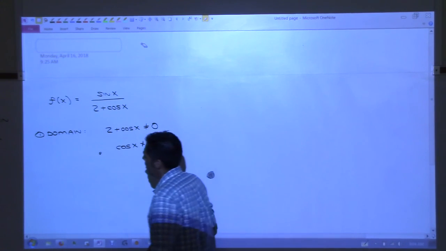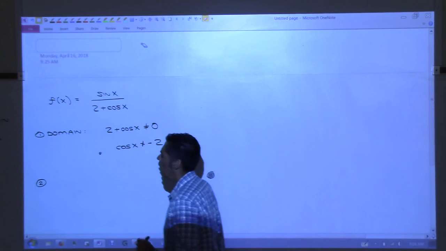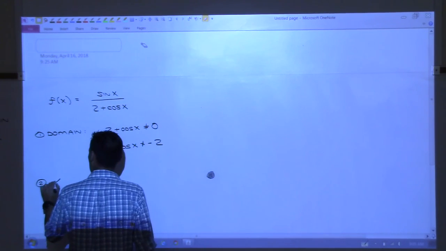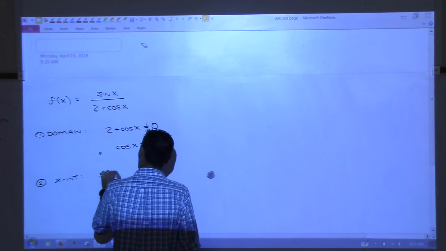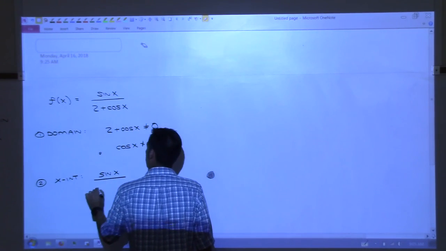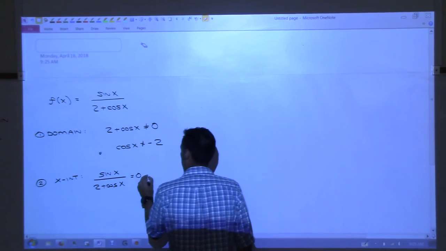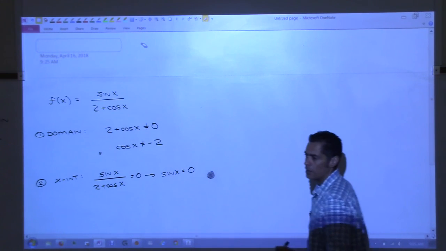Okay. Second step was what? X and Y intercepts. I think we might be able to get the X intercepts. To find the X intercepts, we set the function equal to 0. And that really means all I have to figure out is when sine x is 0, right? Just the numerator.